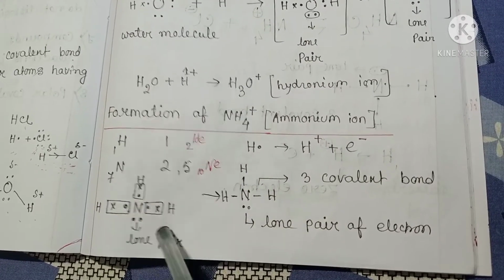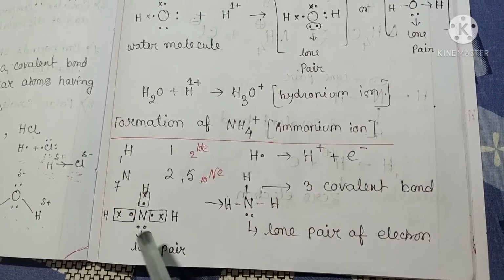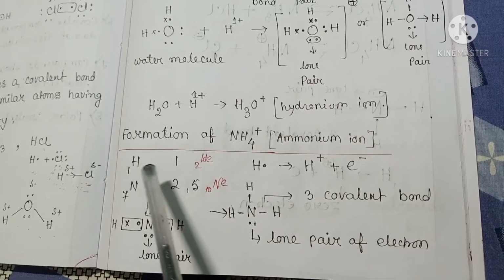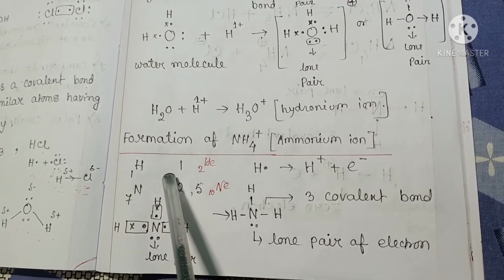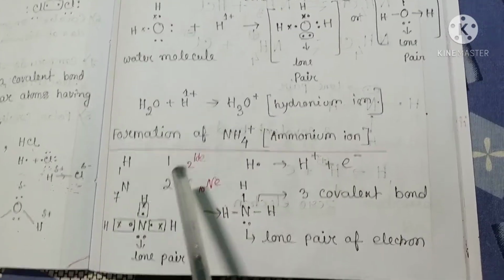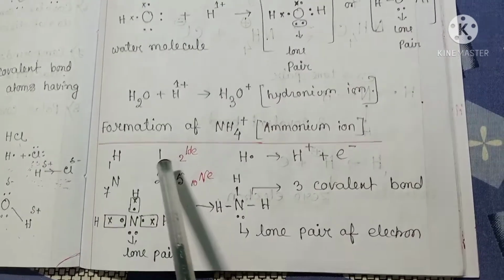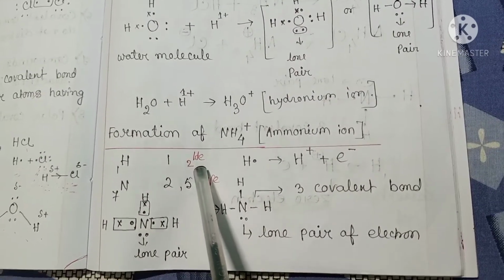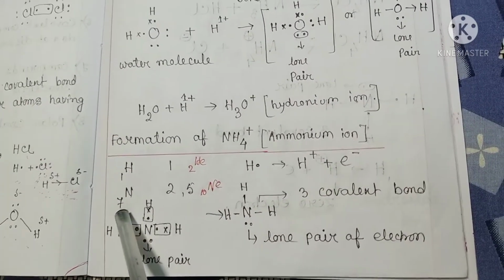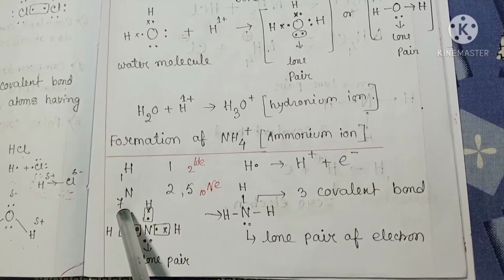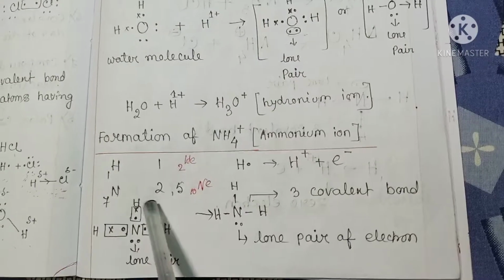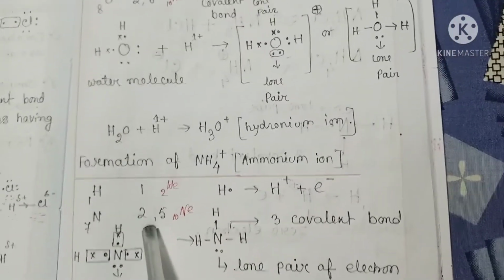Now, in the case of ammonia, hydrogen has atomic number 1, so it needs 1 electron to complete its duplet and acquire the electronic configuration of helium. And in the case of nitrogen, atomic number 7, this is the electronic configuration of nitrogen.